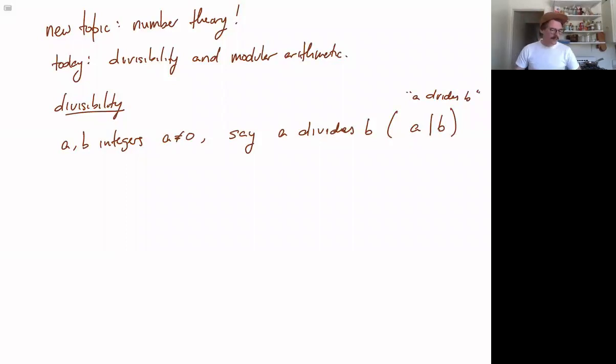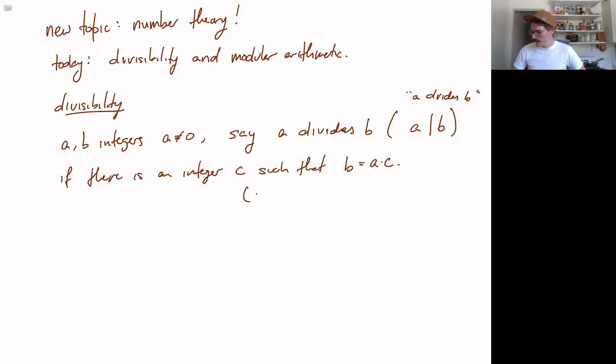And what this means is there is another integer c such that b equals a times c. So another way of saying this is that b divided by a is an integer, because of course, this is what c is.